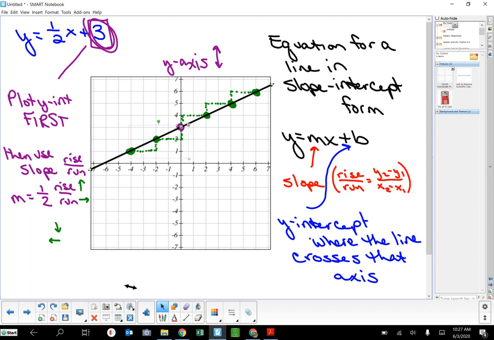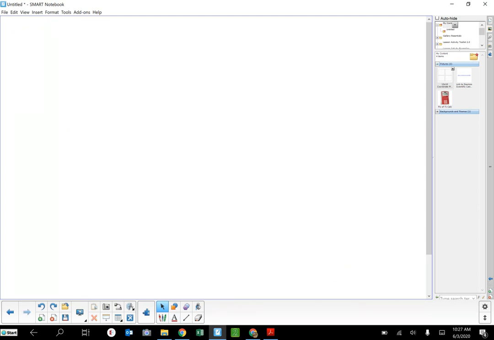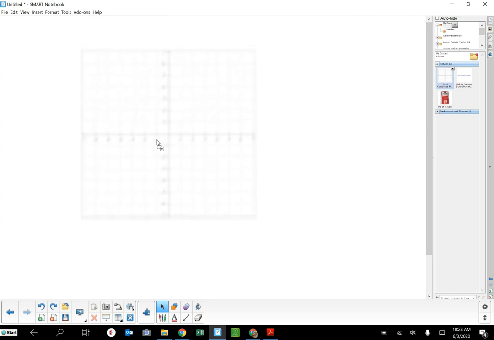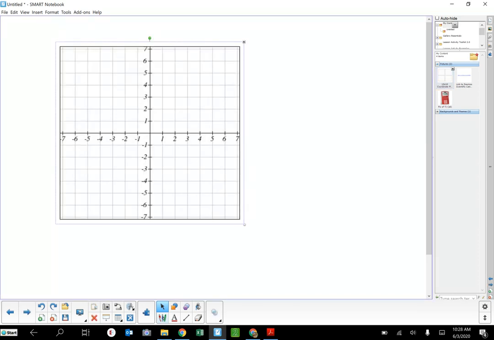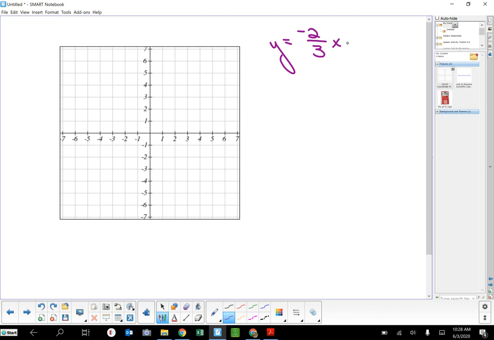One more real quick, just to make sure that you're all on the same page. Give yourself another little coordinate plane. This time, let's plot the line y equals -2/3 x plus 4.